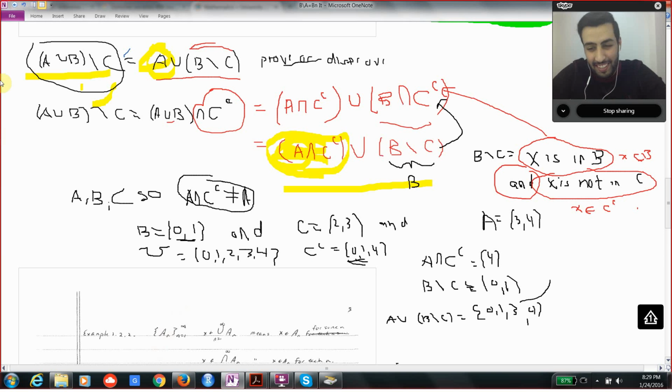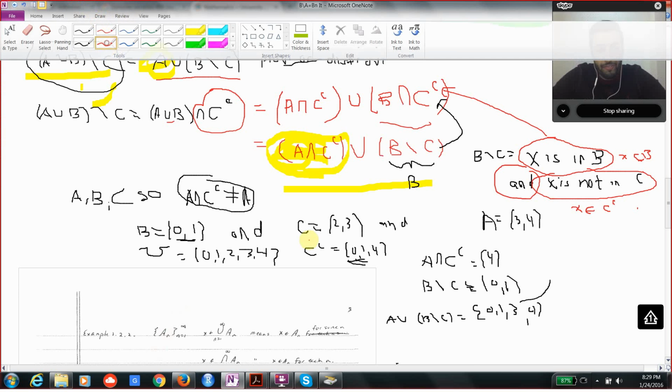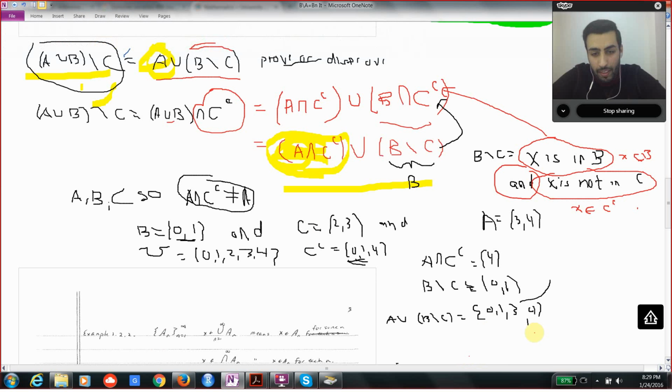Okay, we're almost done. So we have the first one. This is the first one we want, right down here. And now let's look at the other one. The other one was A intersection C union this, right? So this was the other part. We're trying to prove A, I'm sorry, what the heck? Where did I write?